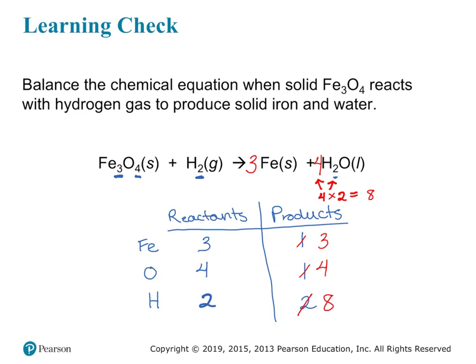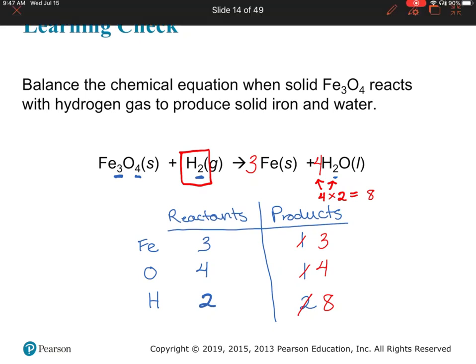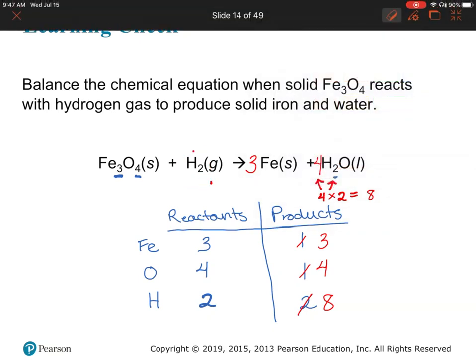Okay, so we want to end up with 8 hydrogen atoms on both sides. So what could we multiply this hydrogen molecule by to get 8 hydrogen atoms? 4. So what we're going to do is just multiply that by 4. And again, we have 4 times 2, and that's equal to 8. Okay, so now our table shows that everything is balanced.